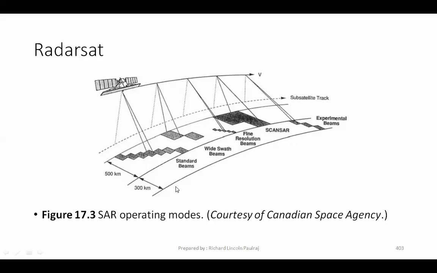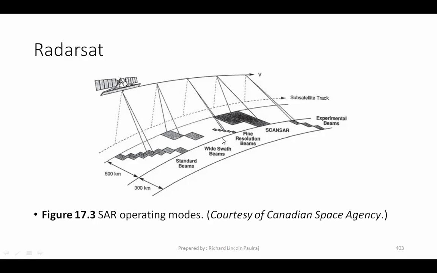So here, if you can see, if it's standard beam, it can range. The range is about 500, and the difference is only with regards to the beam. Okay, the spot beams. So each can cover about 500 kilometers. And as you see, with wide beam, a wider area can be covered.